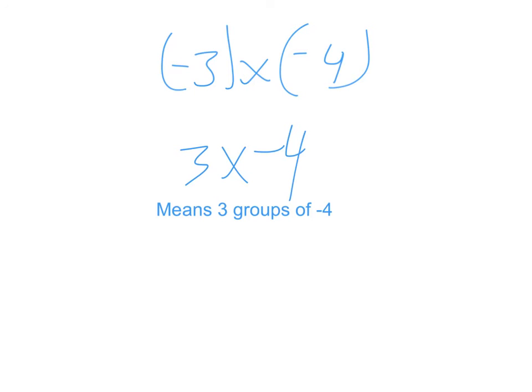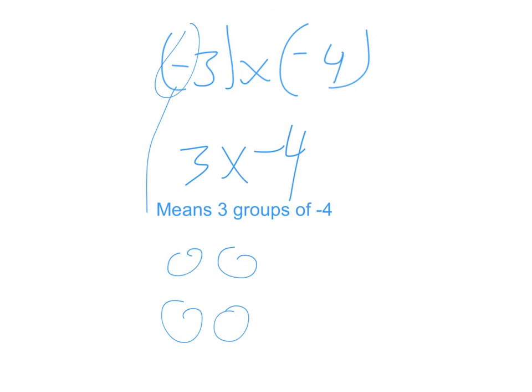So in this case, because you have the negative in front of the 3, what we're really saying is it's the opposite of 3 groups of -4. So when we draw our groups, we're not thinking of each group being a group of -4. We're thinking, what's the opposite of -4?